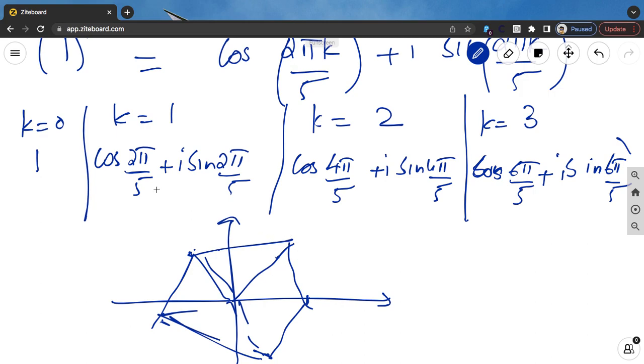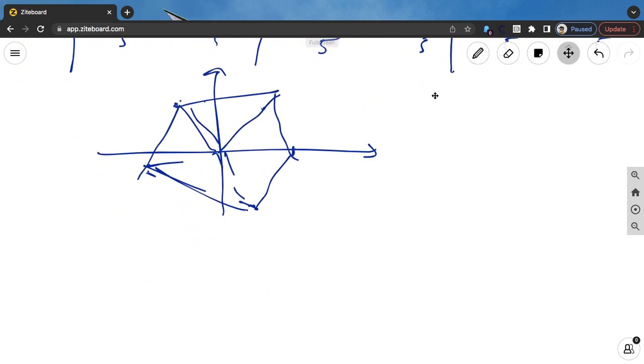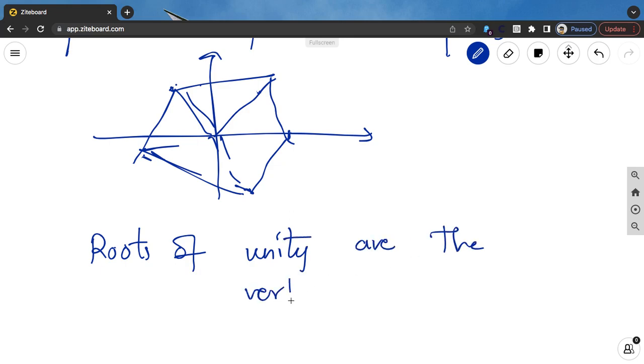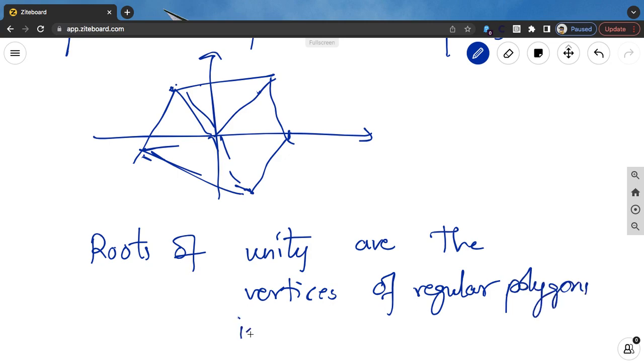The angles are 0, then 2 pi by 5, 4 pi by 5, 6 pi by 5, 8 pi by 5, and so on. So all the roots of unity are the vertices. So what is the geometric significance? They are the vertices of regular polygons inscribed in a circle.